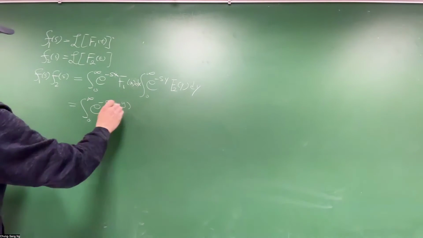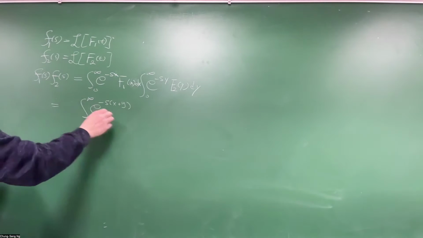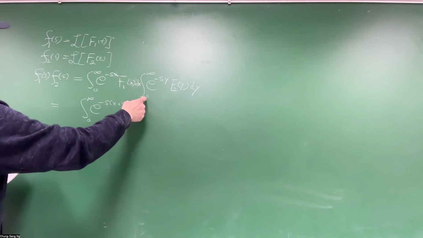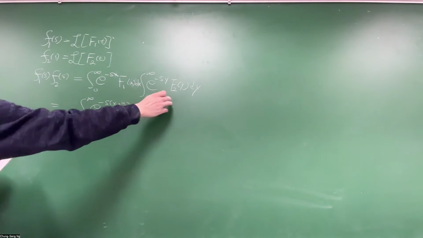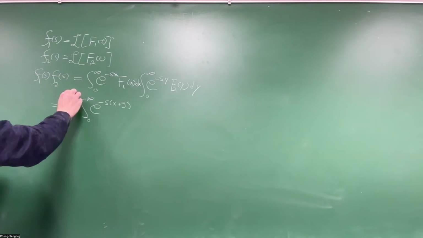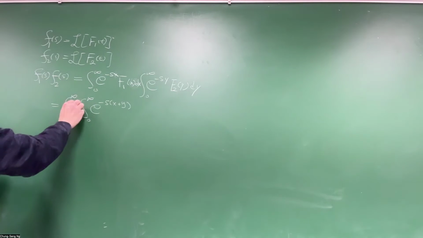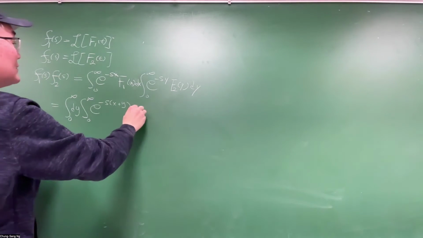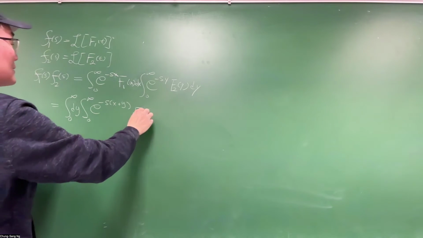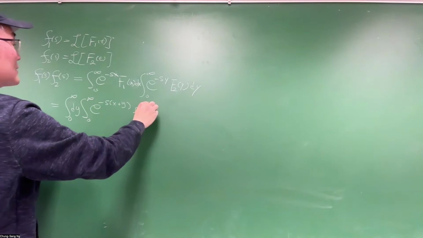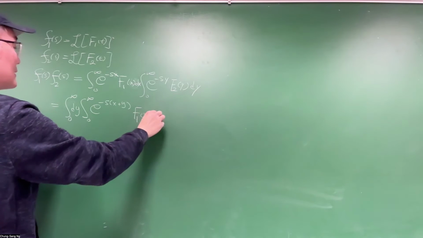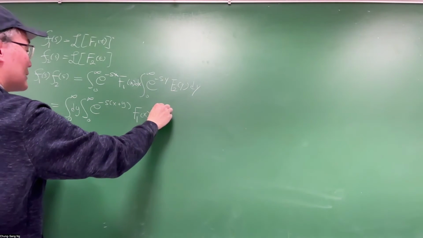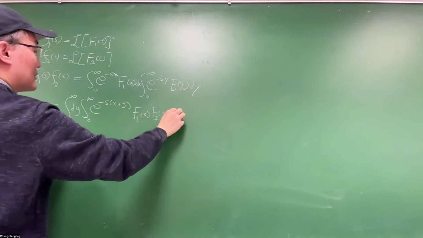Up to here it's just like nothing, but we want to get the other integration also, dy. So you have f1 of x, right, and f2 of y, dx dy.